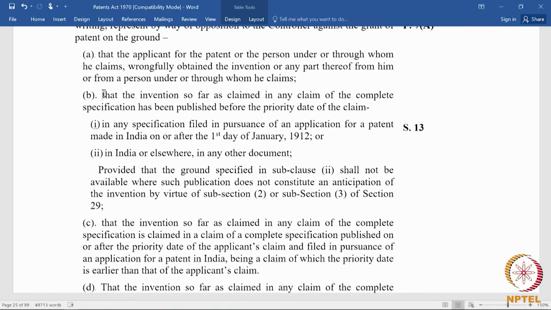So, this simply means any specification filed in India which has been published before the priority date can be used for proving anticipation.